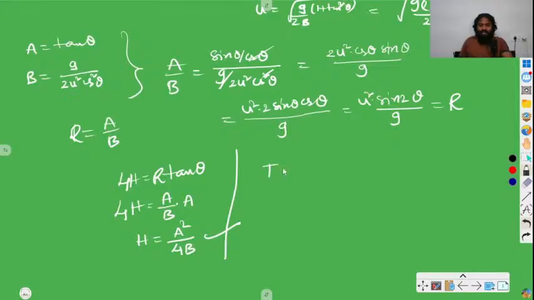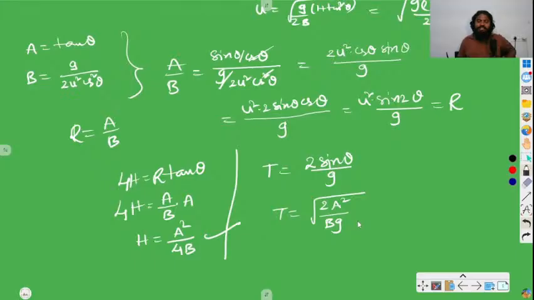And you can also find the time of flight. Time of flight t is equal to 2u sin theta by g. Similarly, you can derive that equation, and you will get t is equal to root of 2a square by bg. It's the same way I derived the range and the u value here.